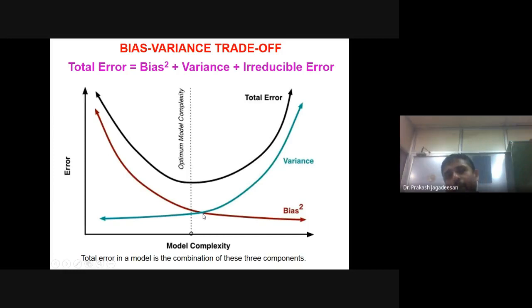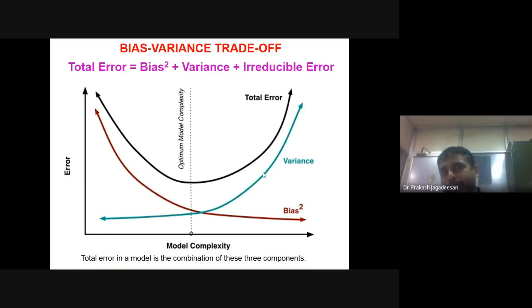You can see here that the total error is minimum where the variance and bias lines intersect. At that point you get lower error, and that corresponds to the optimal model. One has to identify that. That is more important, and that's what I wanted to emphasize.